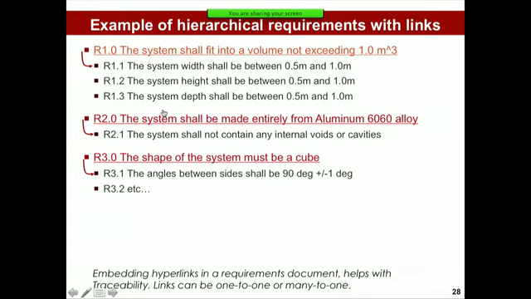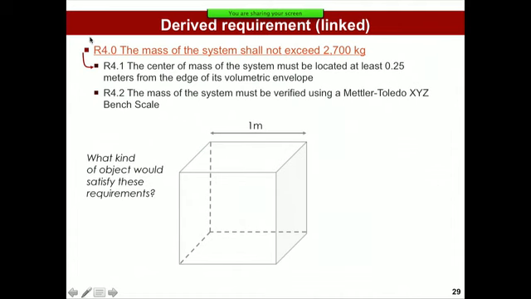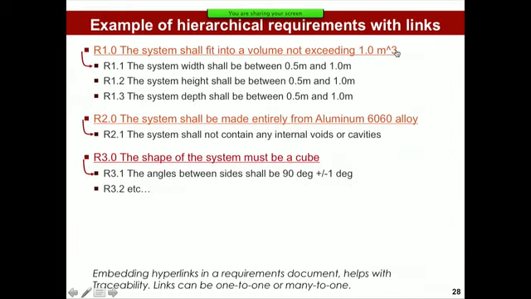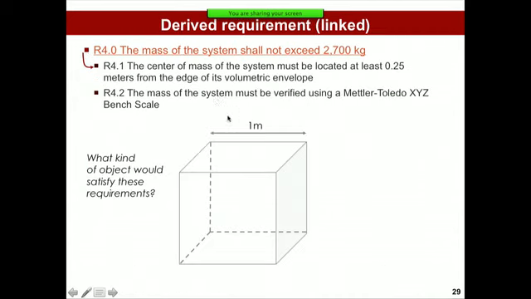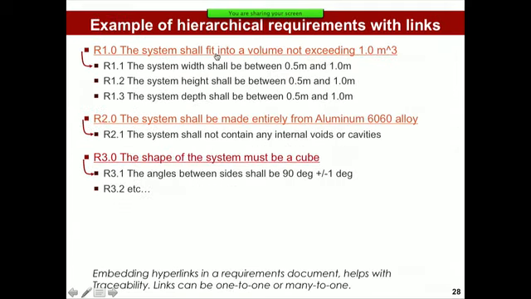So the fact that it's made of aluminum and the volume cannot exceed 1 cubic meter, then this requirement 4, the mass shall not exceed, is not an independent requirement, it's a dependent or derived requirement based on the first two, and therefore they're linked. Do you see how this works? And to really manage requirements well and link them, use these hyperlinks. It's very, very effective.